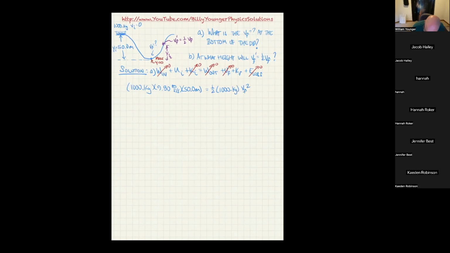So you can see already that the 1,000 cancels out with the 1,000, and I get V final is going to be equal to the square root of 2 times 9.80 meters per second squared times 50.0 meters. Now you can really easily see that the units under the square root are meters squared per second squared.